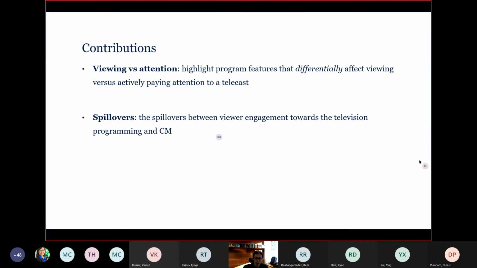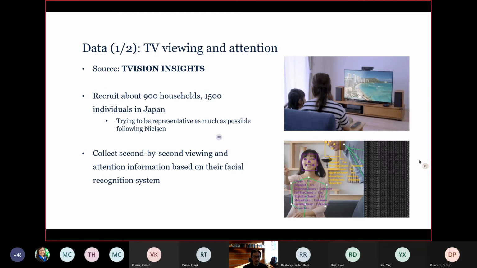Okay, so this is about the setup, and I'm going to talk about the data, but let me pause a little bit here if there are any questions. Okay, great. If you have any questions, please interrupt.